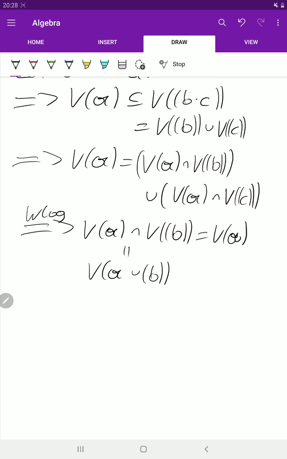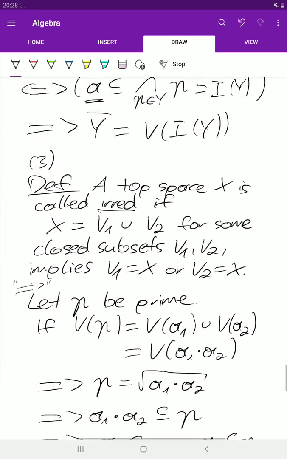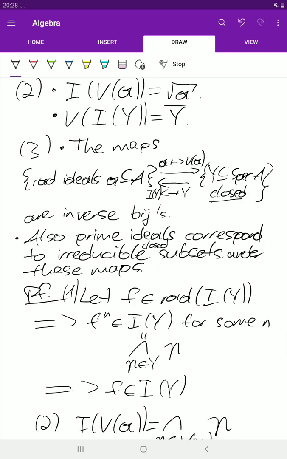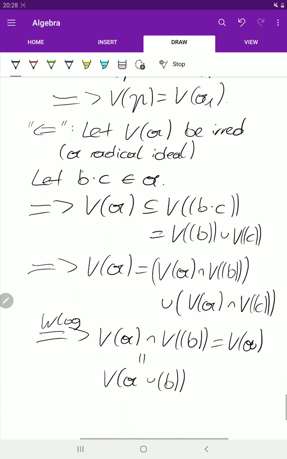And well, now previously we've seen this bijection here, and we know that, let me go back again.